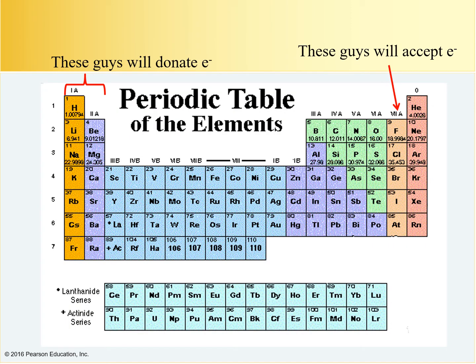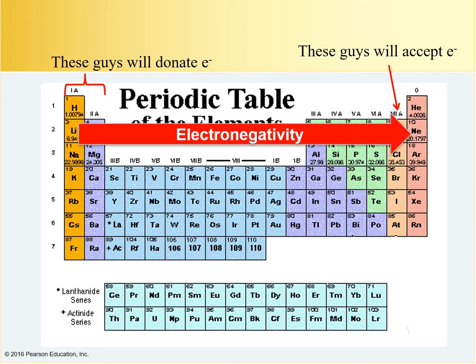In our video on ionic bonding, we said that elements on the left side of the periodic table tend to donate electrons to elements on the right side of the periodic table. And this is made possible by the difference in electronegativities between those elements. Electronegativity is the ability of an atom to attract an electron.